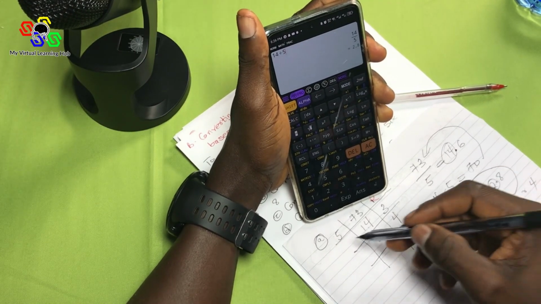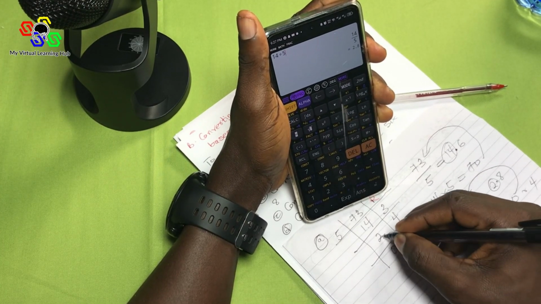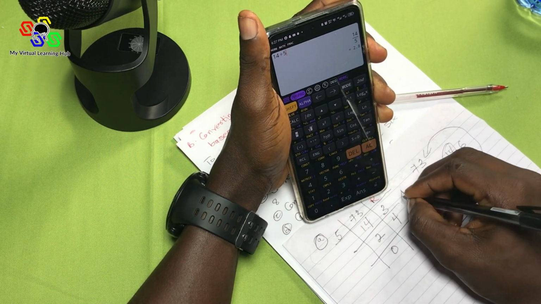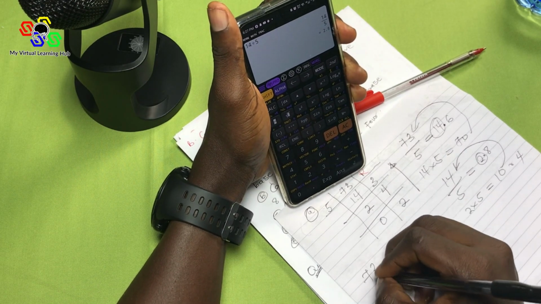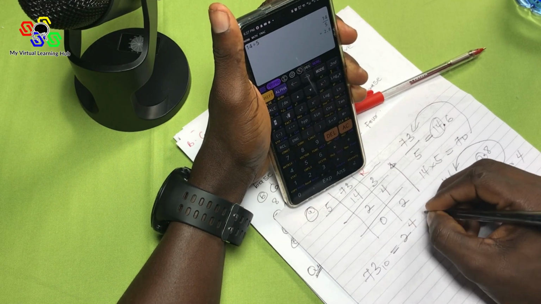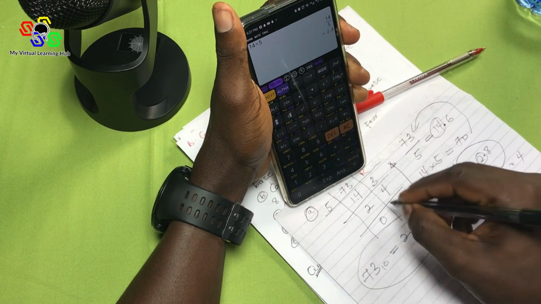Now you notice that 5 cannot go into 2. So what do we do? We write 0 here and we move the 2 to this side. Now you indicate arrow up. So what it means is that 73 base 10 is equal to 243 base 5. This becomes our answer.